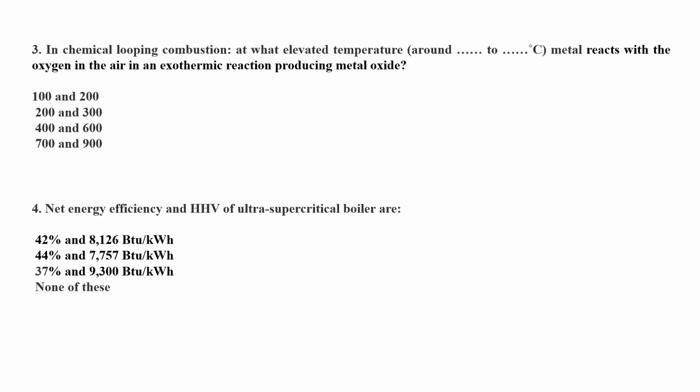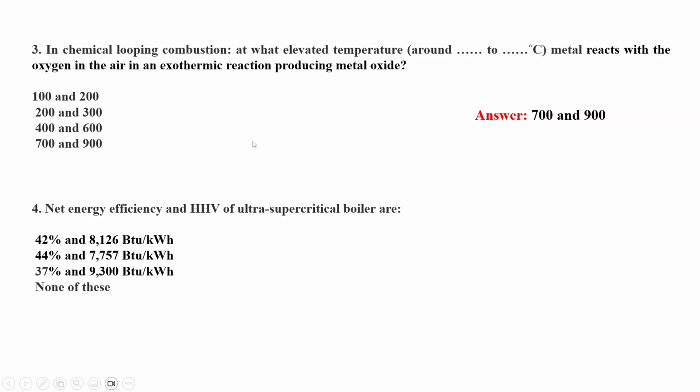Now coming to the third question: in chemical loop combustion, at what elevated temperature do metals react with the oxygen in the air in an exothermic reaction producing metal oxides? The answer is around 700 to 900. The metal reacts with oxygen in the air for oxidation and converts to metal oxide.